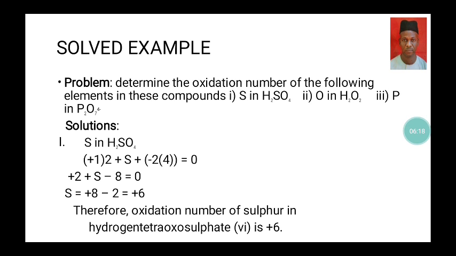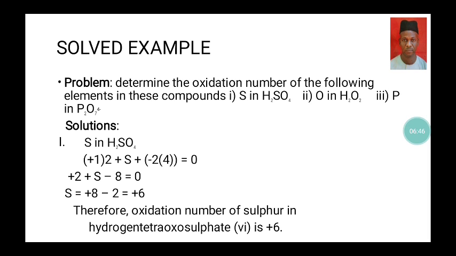We follow our rules of assigning oxidation number. For S in sulfuric acid, hydrogen is +1. We have 2 hydrogen atoms in sulfuric acid. It will be +1 times 2, plus S, because it is S we are looking for, which is sulfur, plus the oxidation number of oxygen, which is -2. We have 4 of it here.